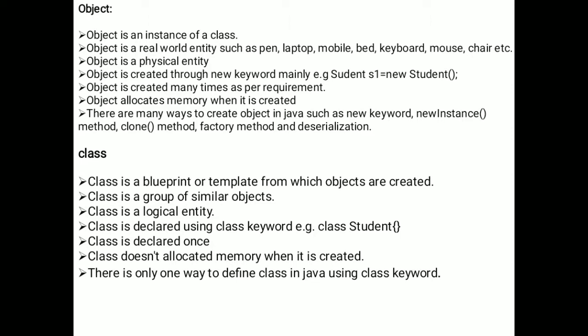Apple, banana, mango, guava, etc. Suppose class is a mobile phone, then what are the objects of mobile phone? iPhone, Samsung, Moto. For example, class is a food, then what are the objects of food? Pizza, burger, samosa, etc.